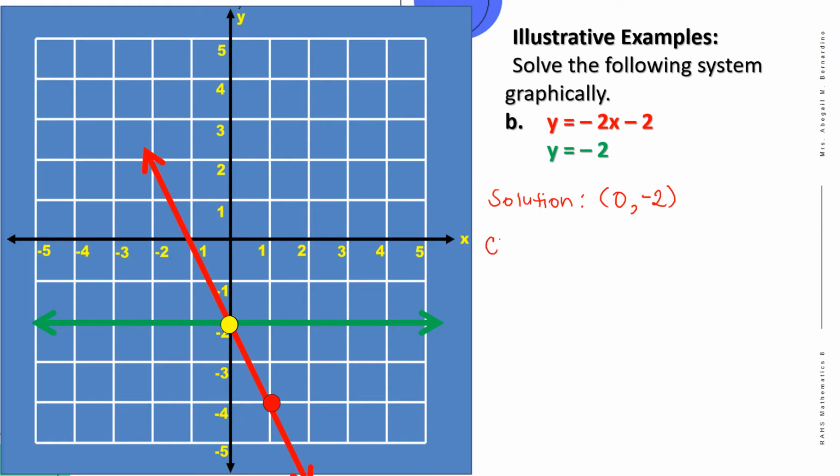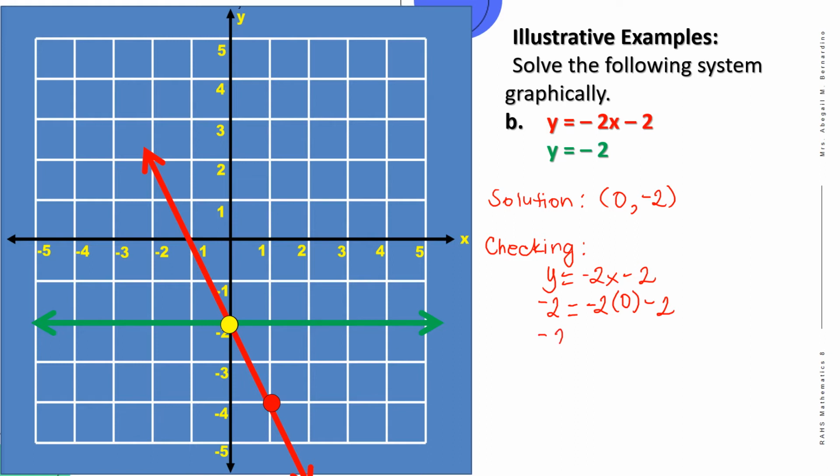Once again, we're going to check if our solution is true. We're going to use the first equation. y equals negative 2x minus 2. We're going to substitute the value of x, which is 0, and the value of y, which is negative 2. Negative 2 equals negative 2 times 0 minus 2.